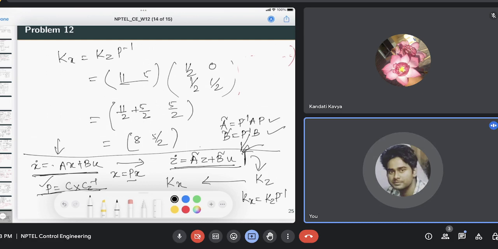Then you design in the controllable canonical form, where it is easy: you just compare the last row and obtain the feedback gain matrix Kz. Then you transform back to the original Kx matrix, the gain matrix in the x domain, using this formula. This is the third method you can use. For higher dimensions it is easier to compute this using MATLAB. I just explained it using a 2x2 matrix for simplicity.